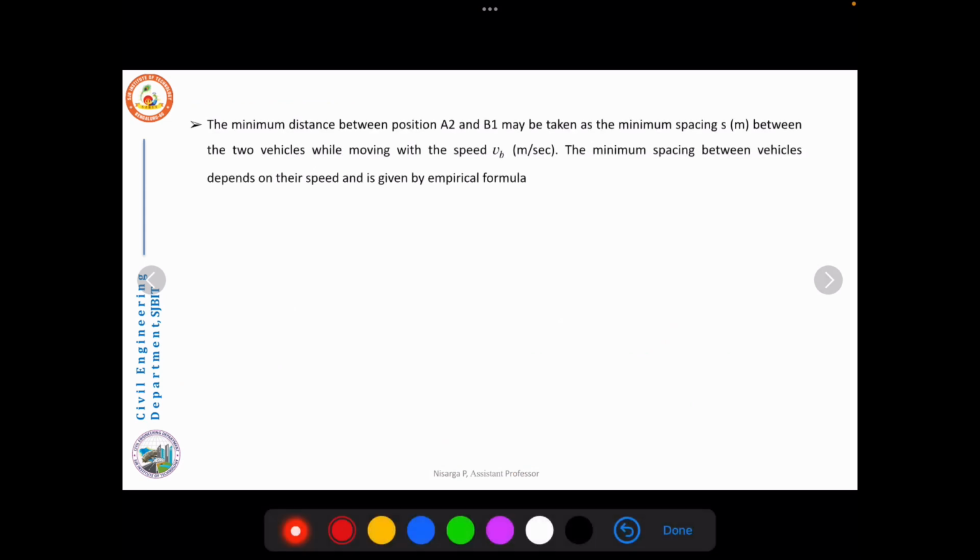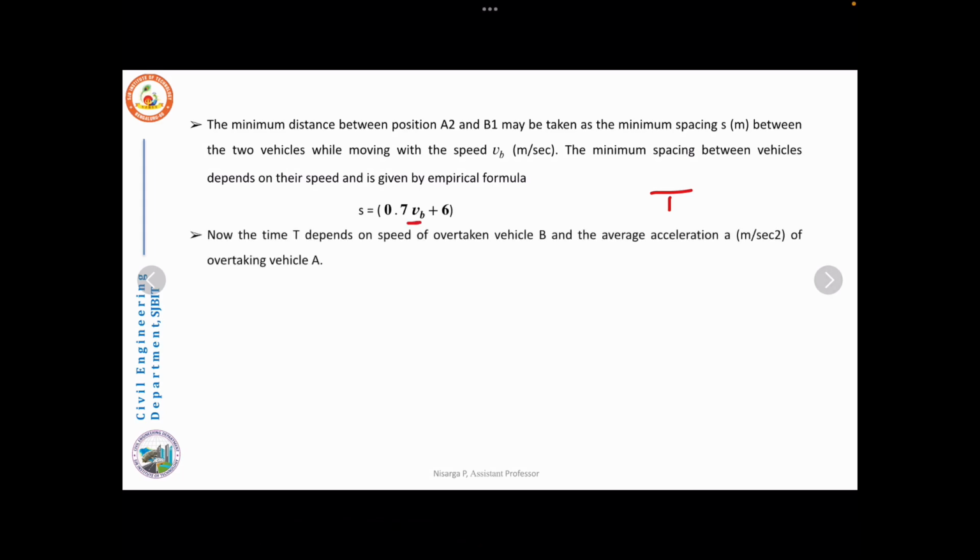So now first we need to compute what is S, what is B, and the time taken for the overtaking operation. The clear spacing can be determined using an empirical formula. S is equal to 0.7 VB plus 6, where VB is the speed of the slow moving vehicle.